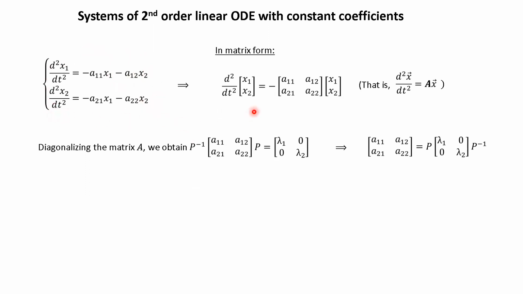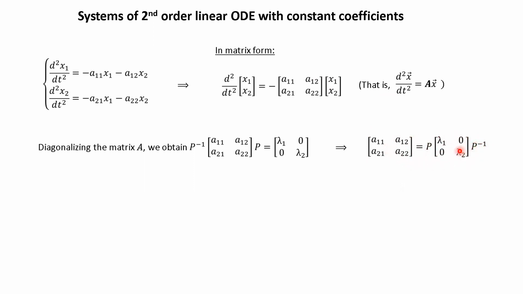As I said, written like this, this is a non-diagonal matrix. Now, if we are able to do the diagonalization, this matrix is written as P, diagonal matrix, P inverse. This is what we just did in the example.